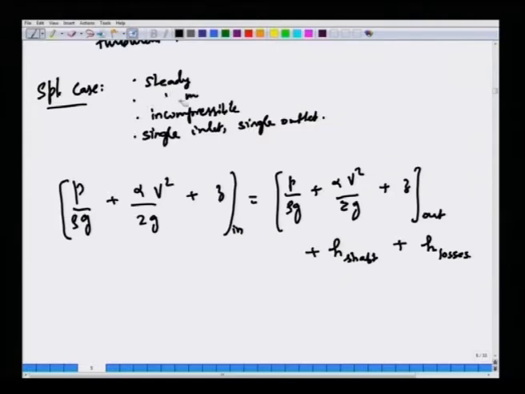Sorry, we are not considering uniform flow anymore, because we are removing the uniform flow assumption by introducing the kinetic energy correction factor.